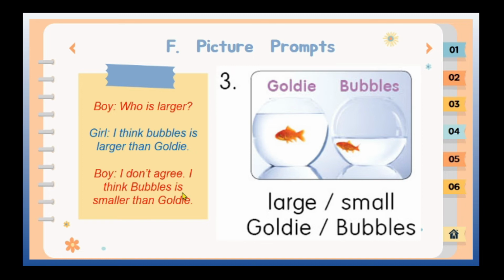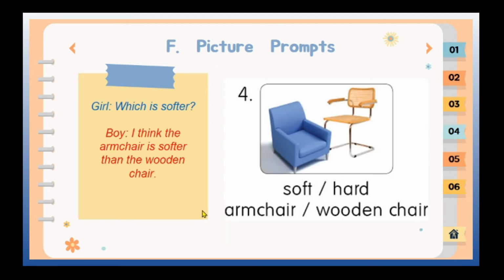I think Bubbles is smaller than Goldie. Alright. Now in number 4, look at the picture. Soft is the armchair and hard is the wooden chair. For girls, which is softer? I think the armchair is softer than the wooden chair.